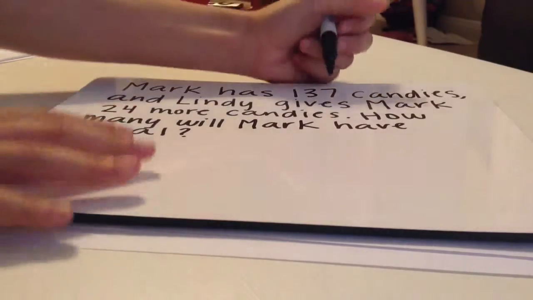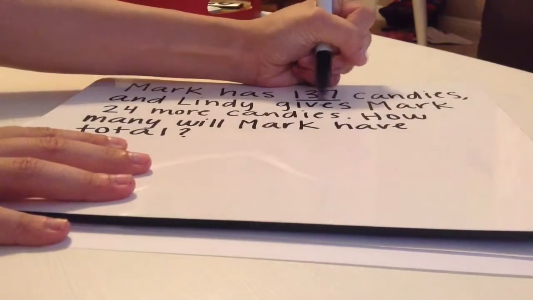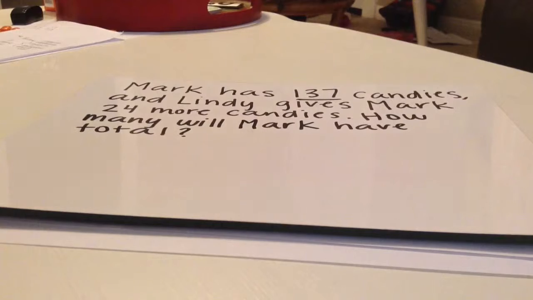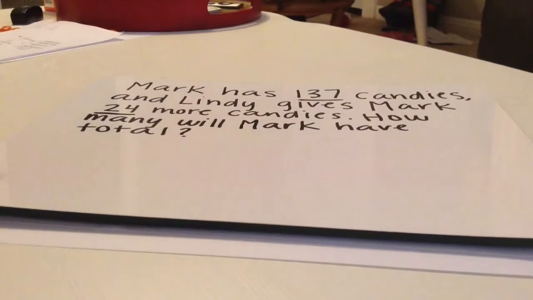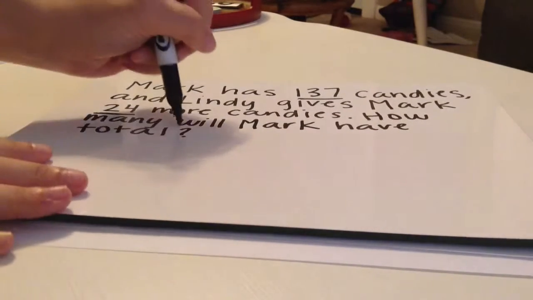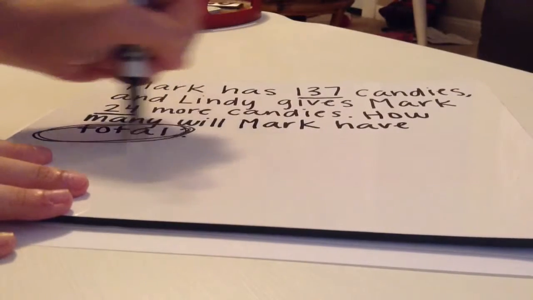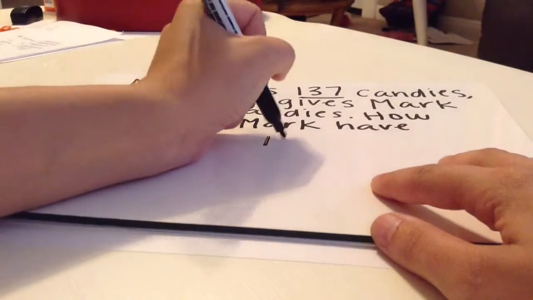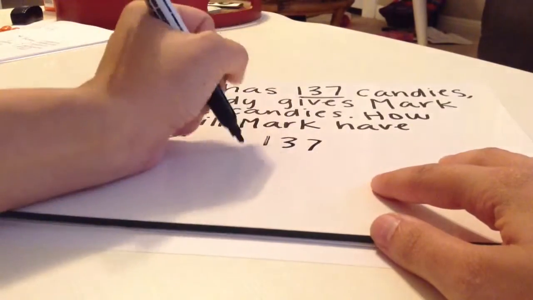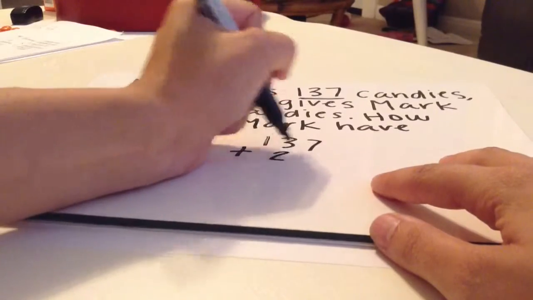First, we're going to underline 137. And then next we're going to look, and it says Lindy gives Mark 24 more candies. So how many will Mark have total? I'm going to go ahead and circle total. So let's write that out real quick. 137 candies plus 24.